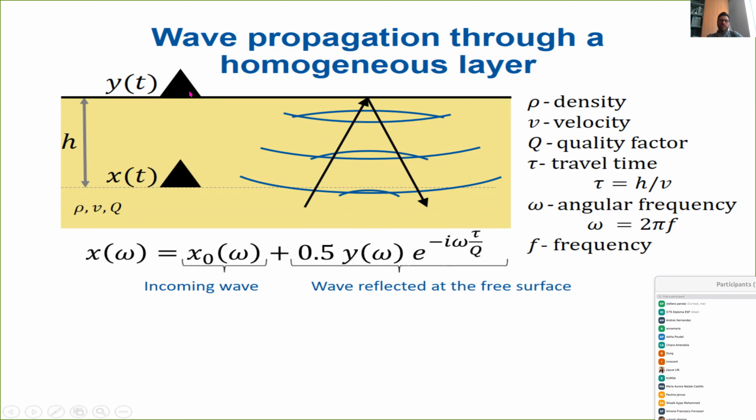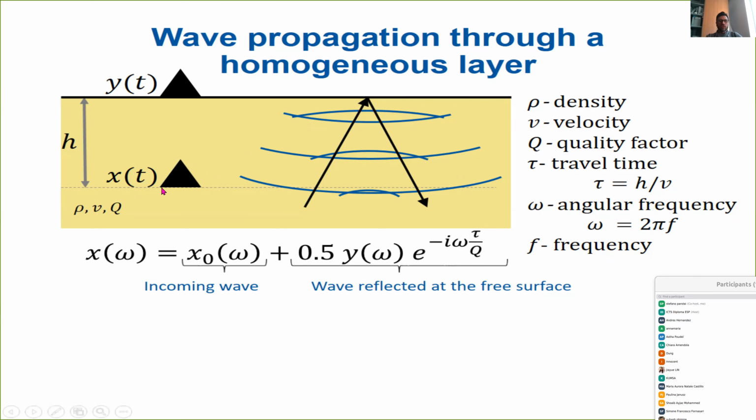So what I'm recording then here in the underground will be the wave that was here at the time tau before, so the time that is needed for the wave to go from here to here, with an amplitude that has to be divided by 2.